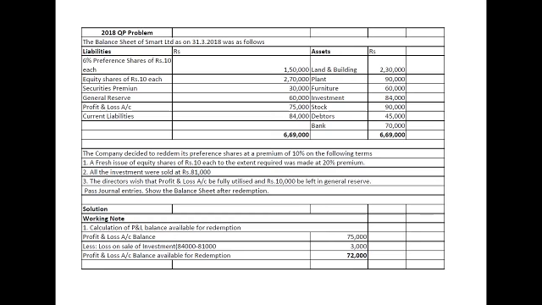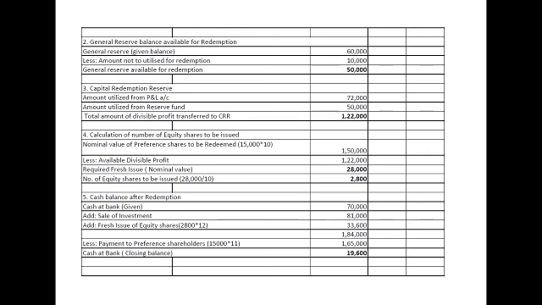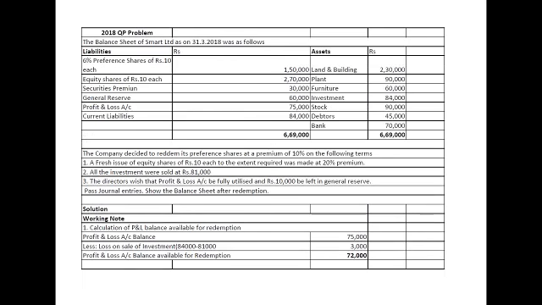It's a very common problem with respect to the redemption of preference shares. So now before proceeding with the general entries, first we will see that some adjustments we have to make. So some working notes are required.